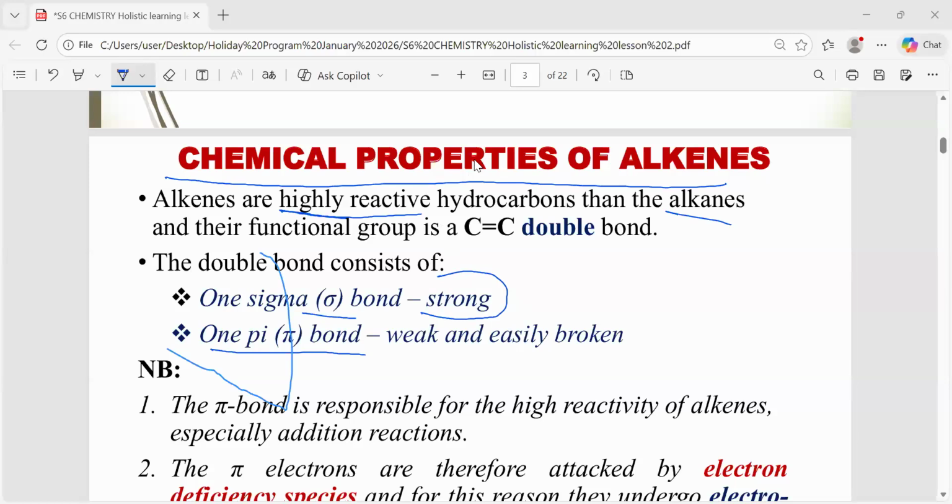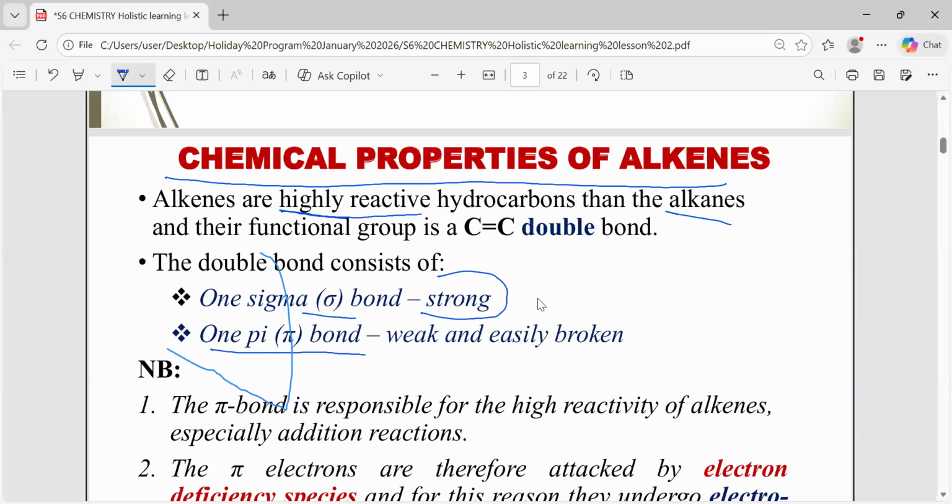I think they are very reactive just because they are unsaturated and they have that pi bond, so they are able to react. Okay, so what makes them more reactive is because of the unsaturation.